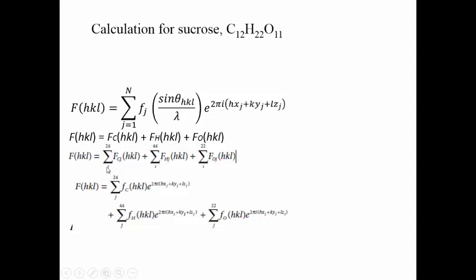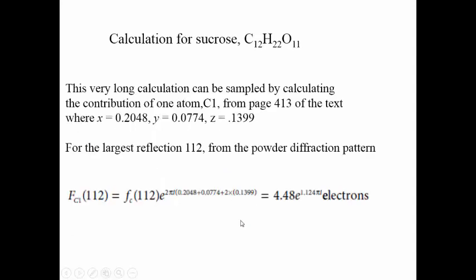We have 24 carbons, we have 44 hydrogens, and we have 22 oxygens. So to remind us how much is contributing to this structure factor, we rewrite this formula. And finally, we can write the formula out in a little more detail so we can be sure we understand it. And here is the contribution from each of the positions.